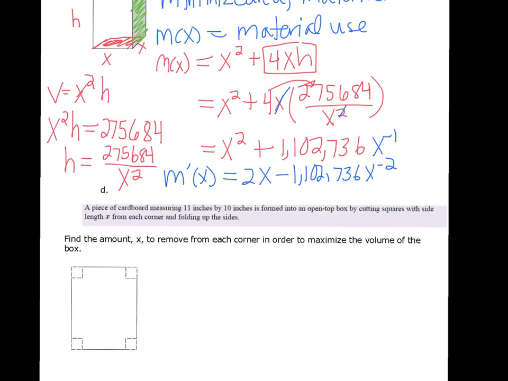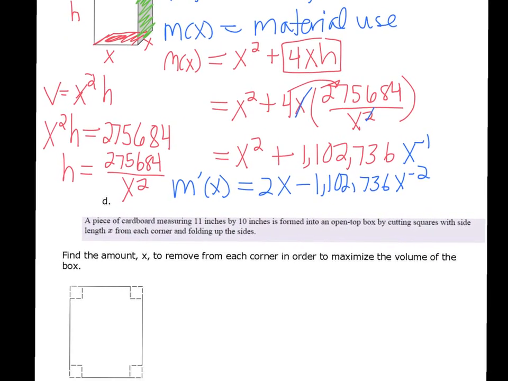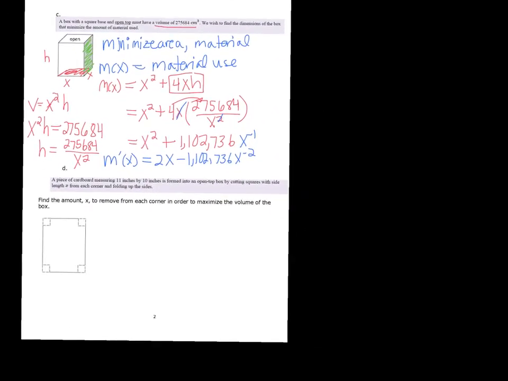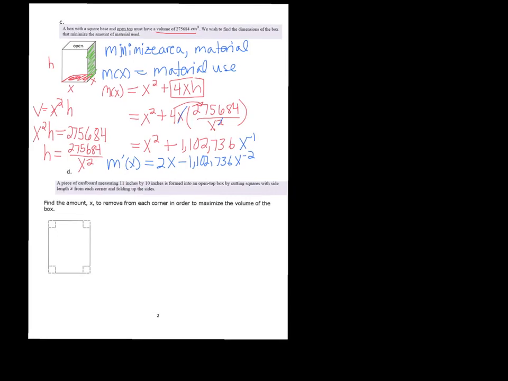Why am I running out of room? We want to minimize that. Since the next step is to set it equal to 0, I'm going to put that x to the negative 2 back in the denominator, because for solving it's better to have them be positive numbers.